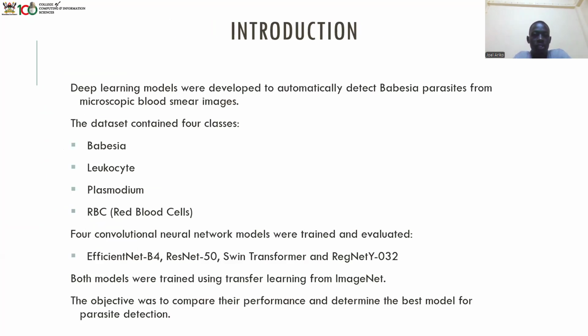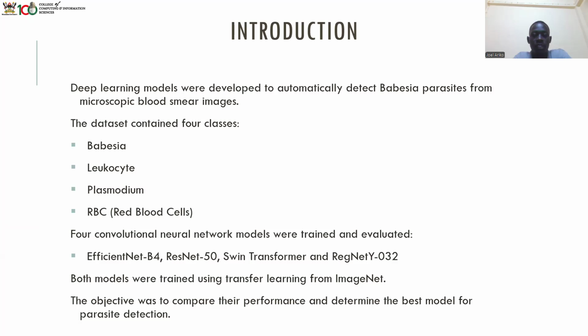So for the introduction, all these models are deep learning models, and they're developed to automatically detect Babesia from the microscopic blood smears. The dataset contained 4 classes, that is Babesia, leukocyte, plasmodium, and the red blood cells.